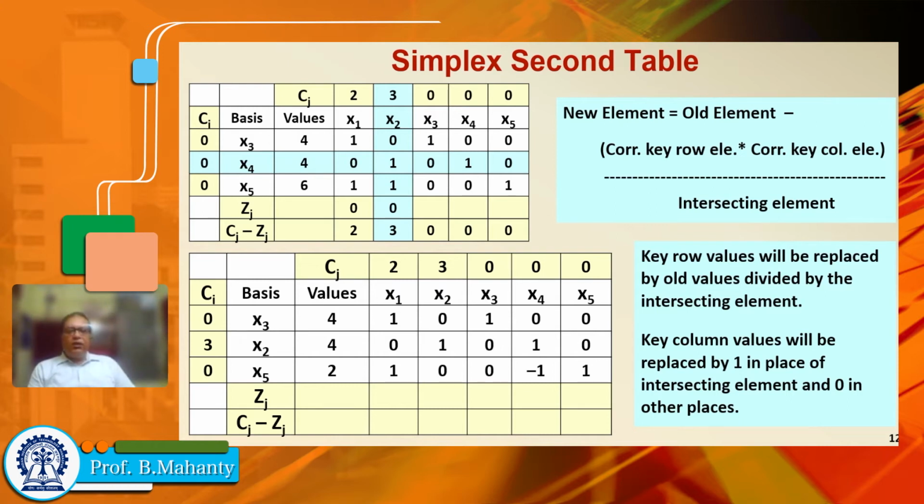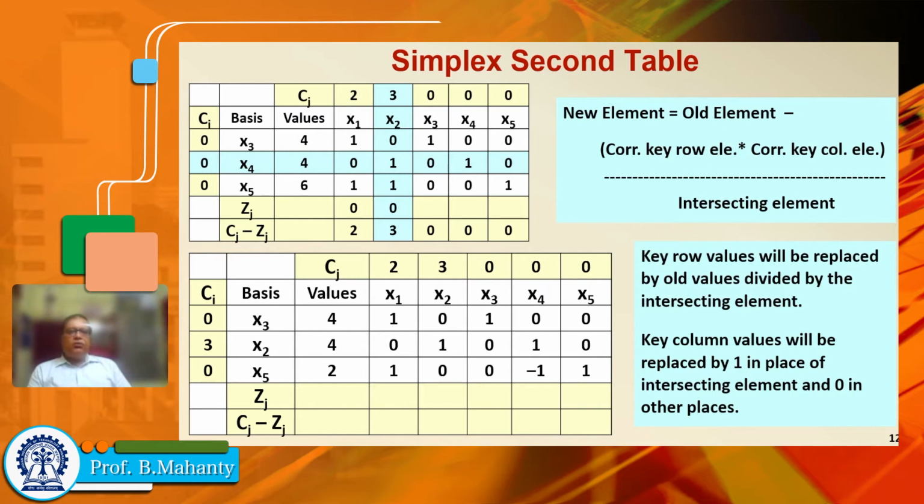We have that unity matrix formed by the new variables in the basis, and x1 and x4 will be our non-basic variables. So those values have to be calculated. Now, how do you calculate? Let us see what will happen to this value 4. So 4 minus 4 into 0 by 1. Since the key row element is 0, anything you multiply and divide, no change will happen.